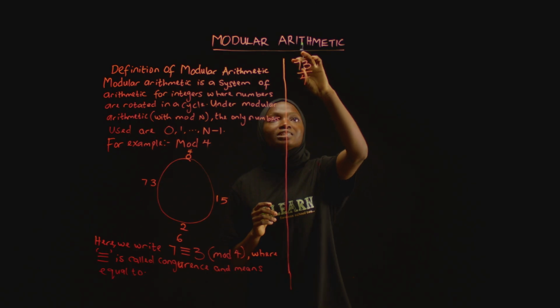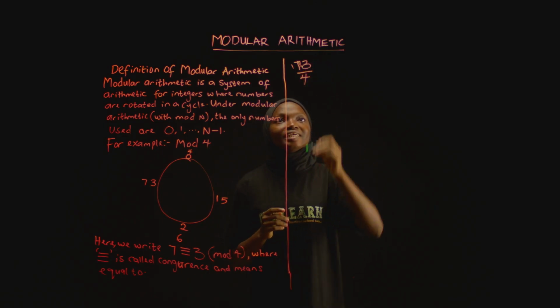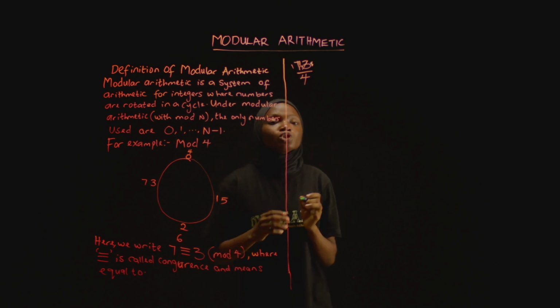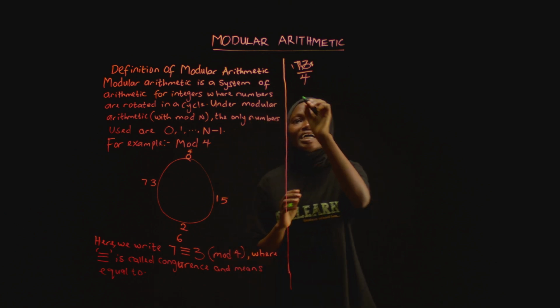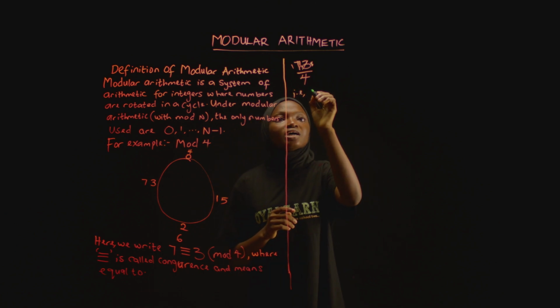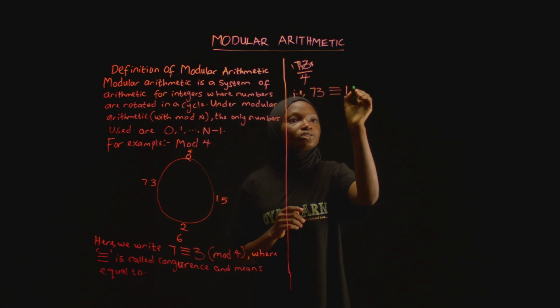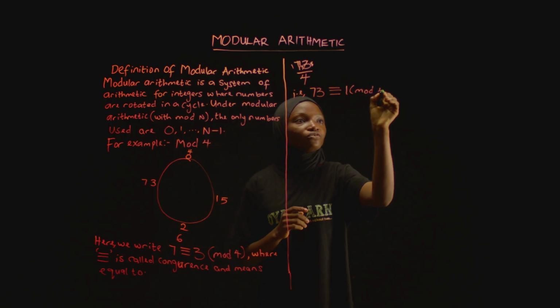Now, 4 in 7, we have 1 remainder 3. 4 in 33, that gives us 8, which is 32. So we have a remainder of 1. That is, 73 is equivalent to 1 in mode 4.